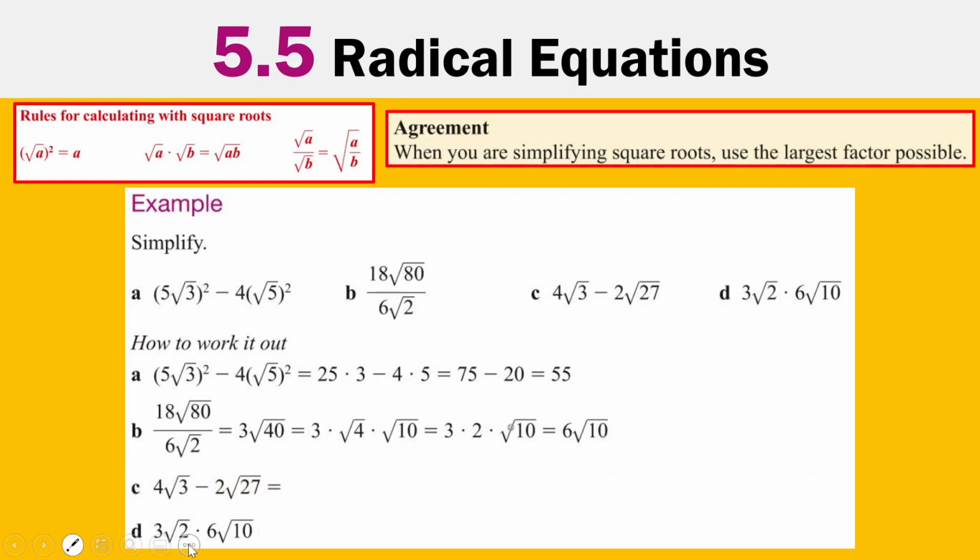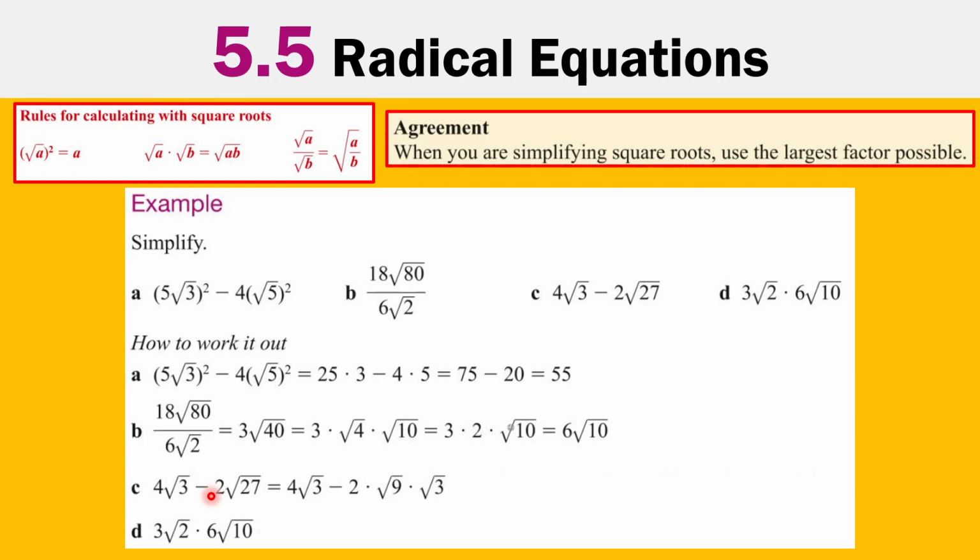The first thing that you take a look at here is, if I have a simple subtraction, are they like roots? Here they aren't. Why? The numbers inside of the roots are not the same. But don't give up yet. Maybe I can factorize something. And I cannot factorize root 3, but I can factorize 27. In what way? Well, in this way. 27 can be rewritten as 9 times 3.